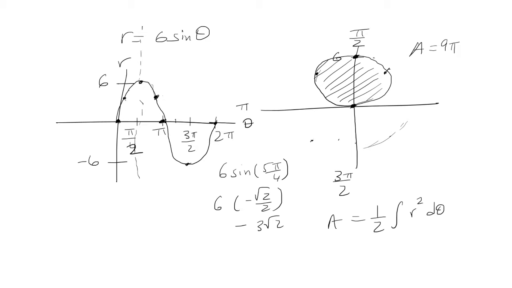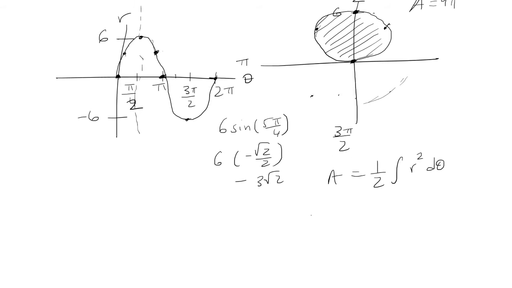If I include pi to 2 pi, I'm double counting it. I'm drawing the picture again, which I don't want to do. So the area then would be 1/2 integral from 0 to pi. R we set as 6 sine theta, so we're going to square that. D theta.